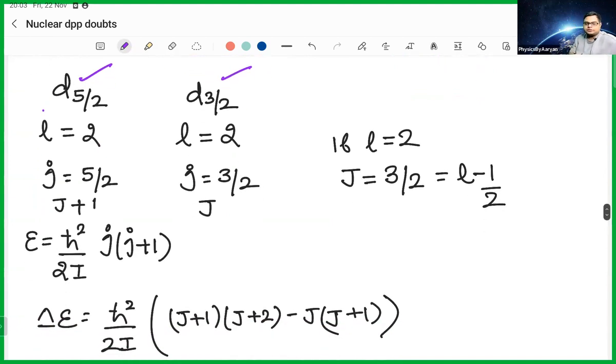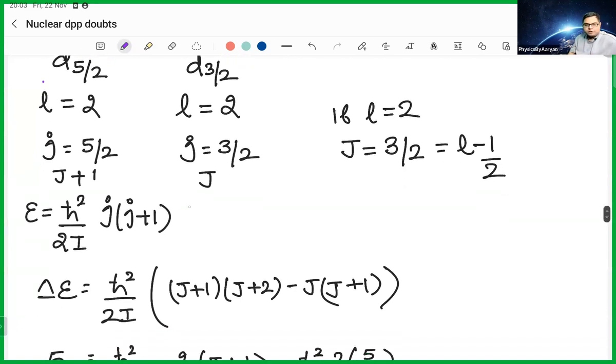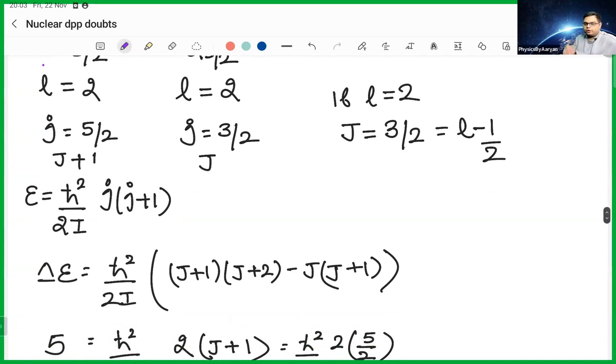So let's do the energy difference. First of all, you know what the energies are. The energy is h cut square by 2I into j into j plus 1, and now I need the energy difference between them. So if I take the energy difference, h cut square by 2I will be common. Then first I take the j plus, meaning I put small j as capital J plus 1.